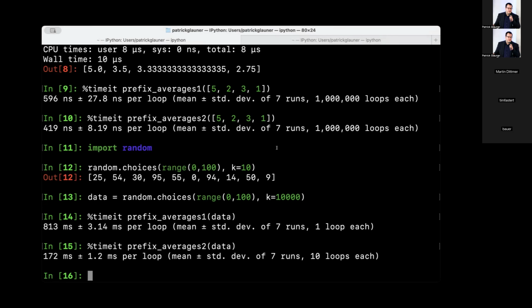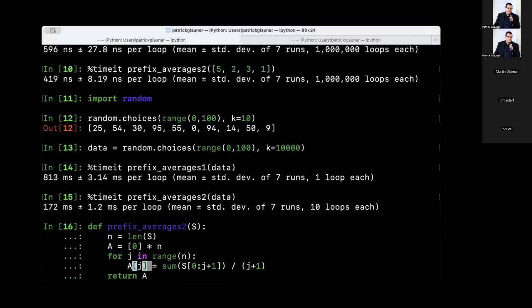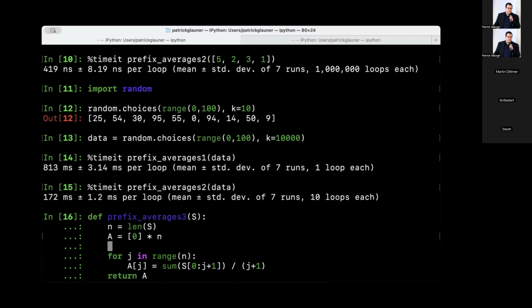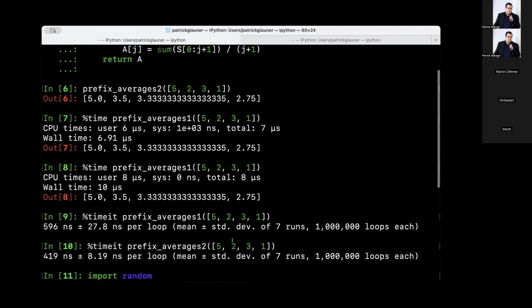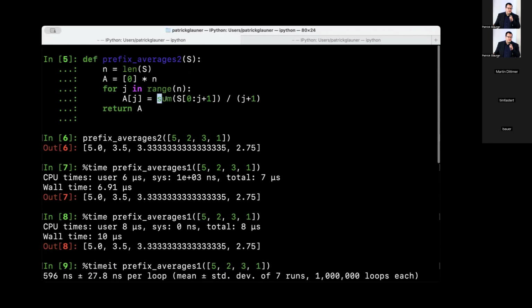It turns out we can implement this with a much smarter algorithm. Concretely, we will now implement prefix averages 3. What we will do is we don't need to recompute this total each time from scratch. When you look at how we implemented it before, we always summed everything together again from the beginning up to our j.